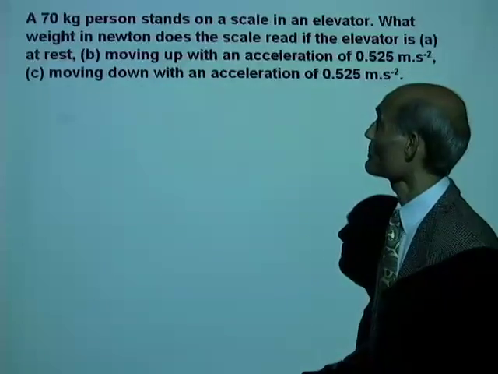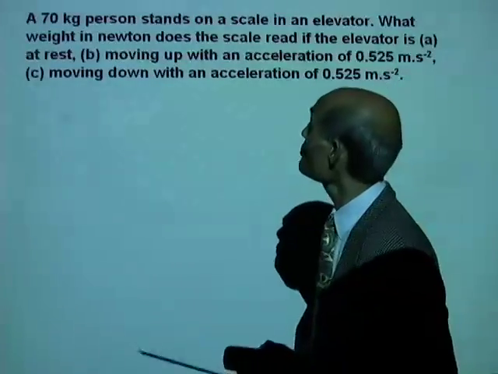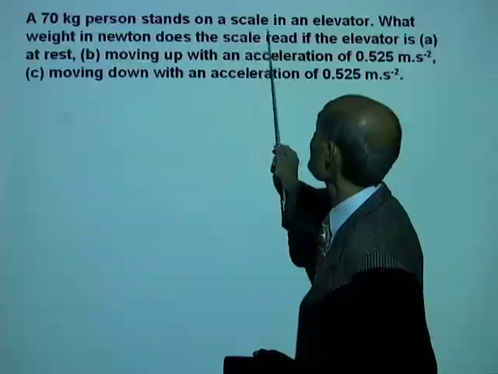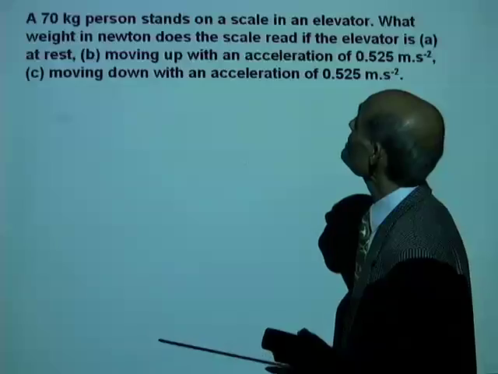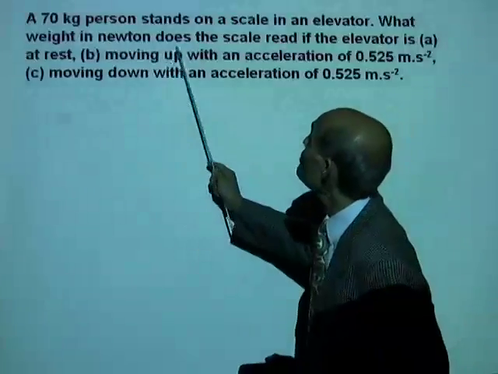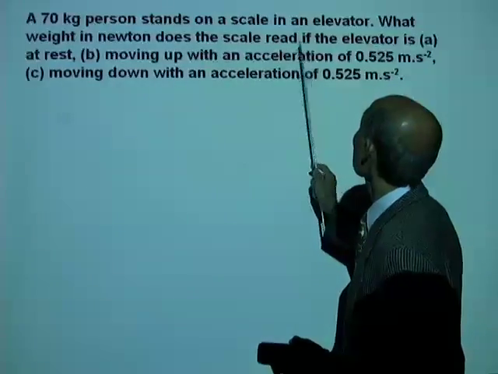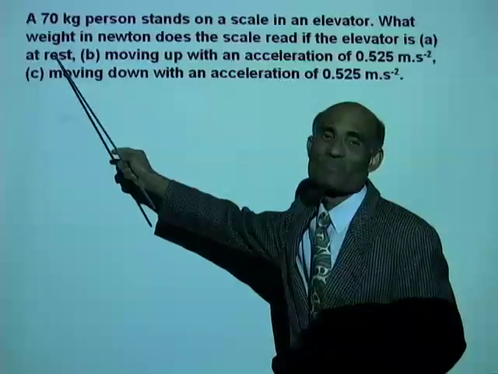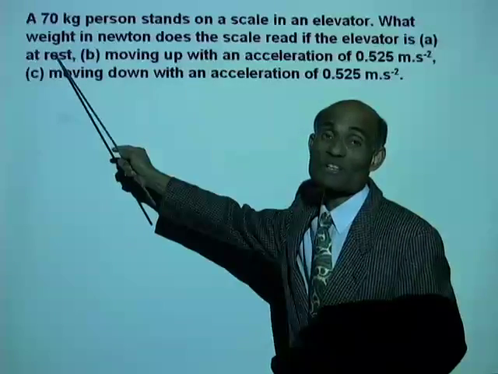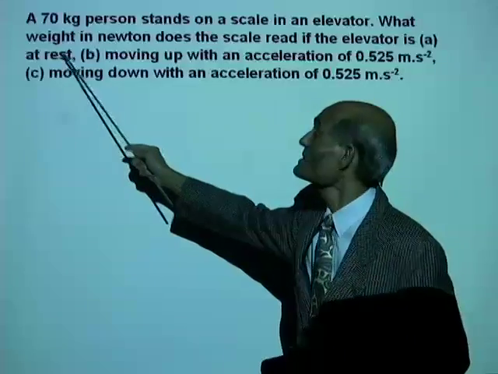Let's do a problem. A 70 kilogram person stands on a scale in an elevator. What weight in Newton does the scale read if the elevator is at rest? Well, if it is at rest, it will read his actual weight.